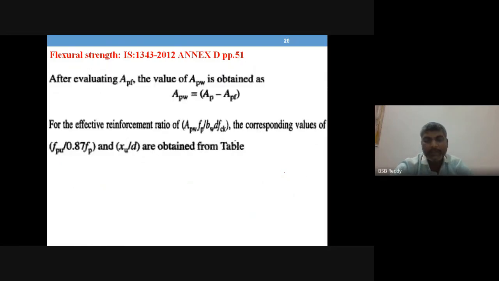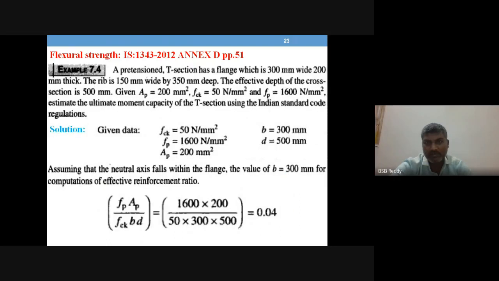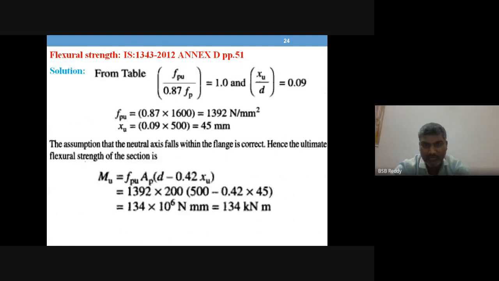The second example is again on a flange section, where first we assume the neutral axis to fall in the flange, and we use the simple formula from the IS code, from which you are able to calculate the XU value, that means the depth of neutral axis. That will tell you whether your assumption is correct or not.